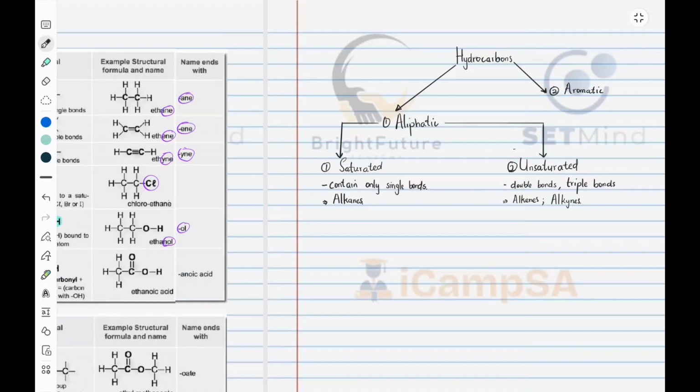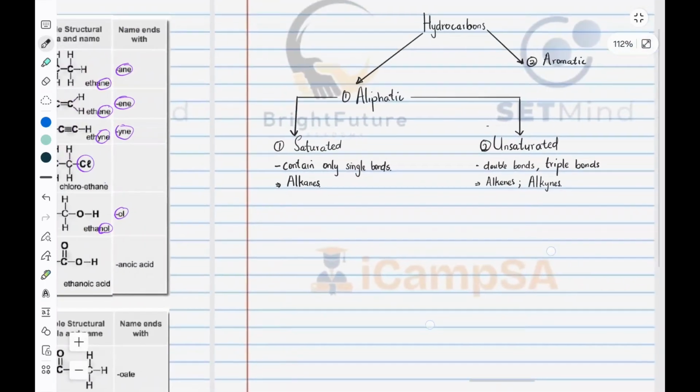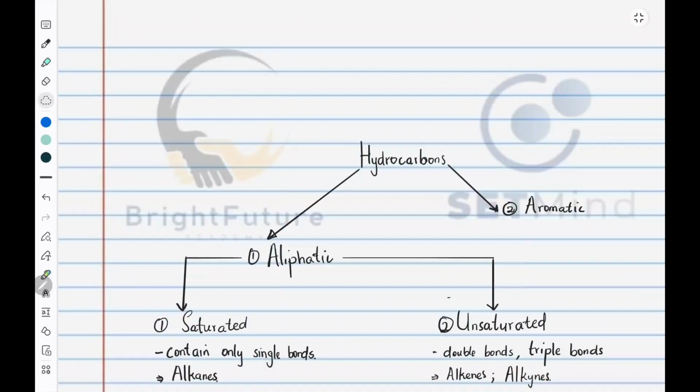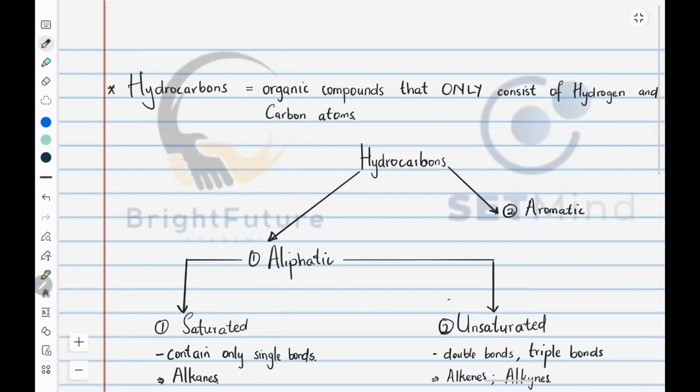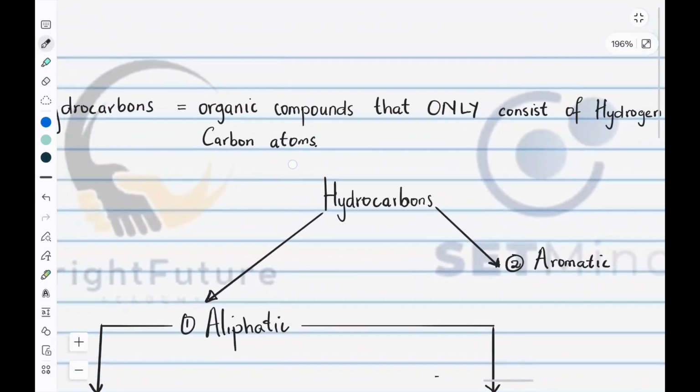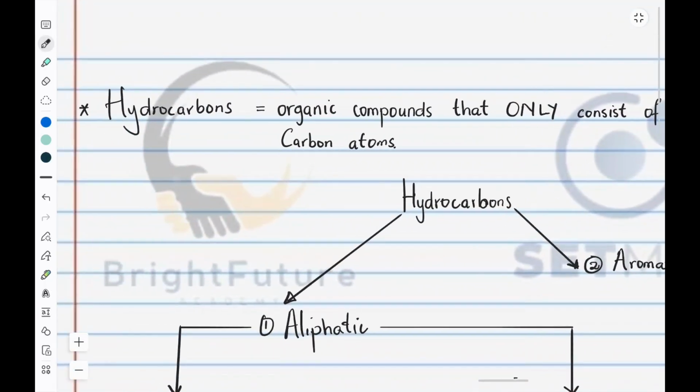All right, so let's just add here the definition of hydrocarbons. These are organic compounds that only consist of hydrogen and carbon atoms. It's in the name itself: we have hydro for hydrogen and carbons for carbon atoms.